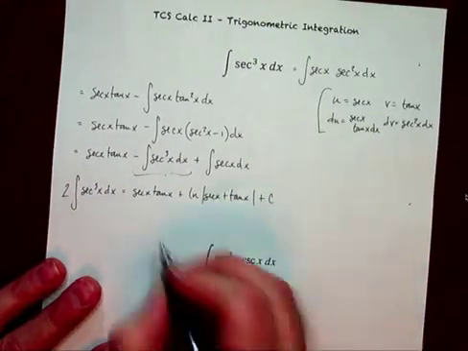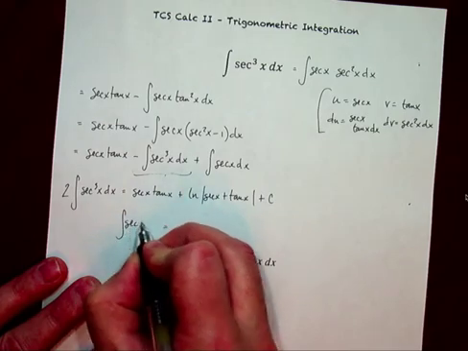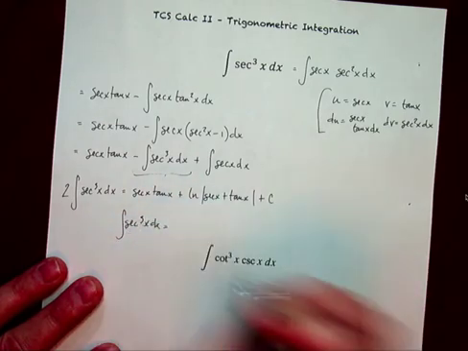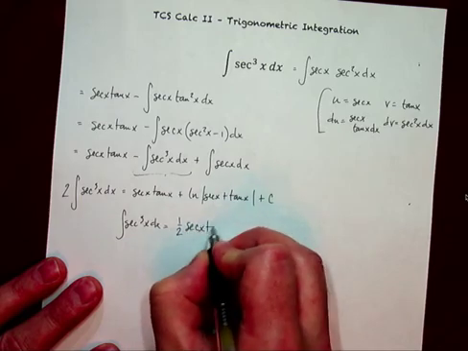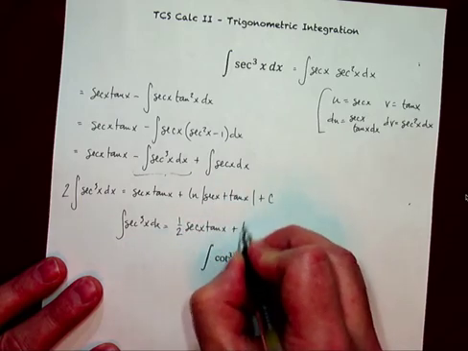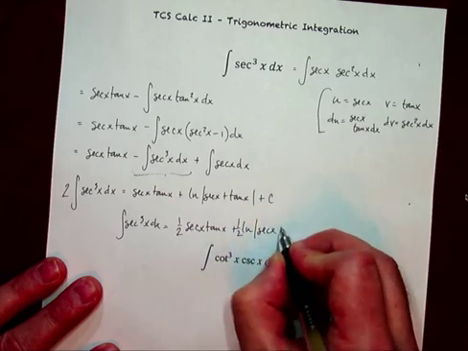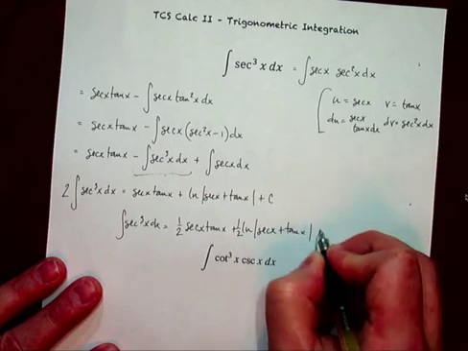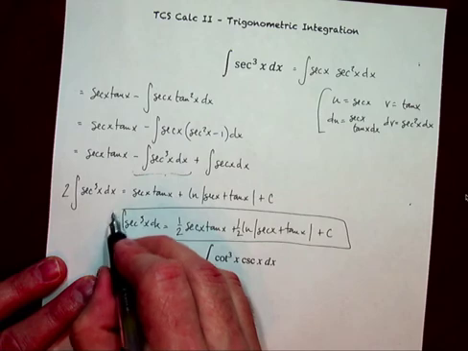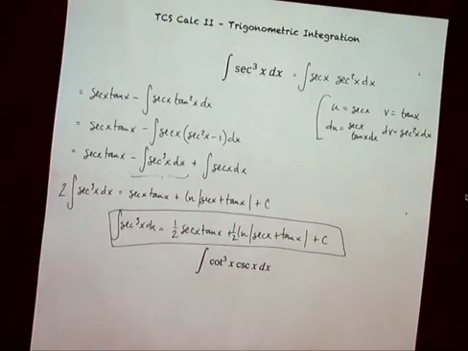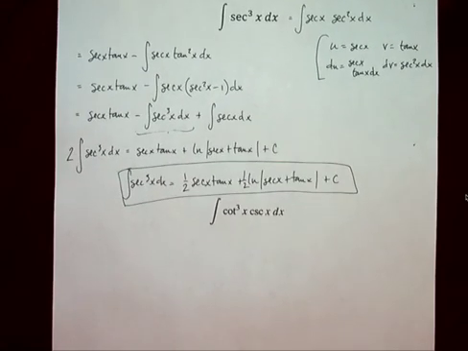And then to get to the actual answer, all I really need to do is divide both sides by 2. And I'm left with 1/2 secant x tangent x plus 1/2 natural log of secant x plus tangent x plus c. And of course, you did distribute the 1/2 to the c, but c, some random constant, times 1/2 is still some random constant.